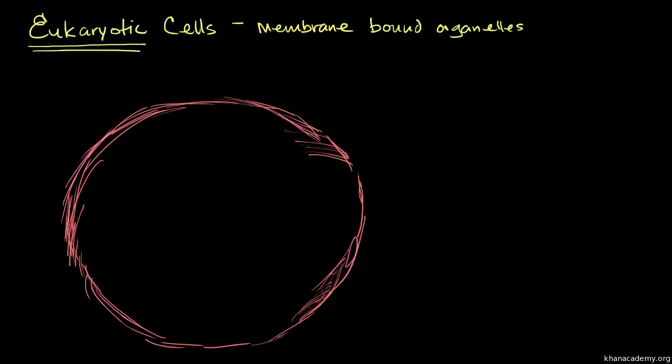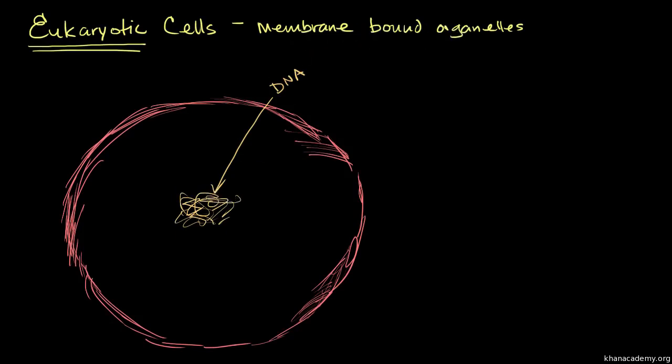Now, all cells, and there are some exceptions that we've talked about in previous videos, I should say most cells will have some genetic information in them in the form of DNA. So that is our DNA right over there. Now, one of the key characteristics of a eukaryotic cell is that genetic information is going to be inside a membrane-bound organelle.